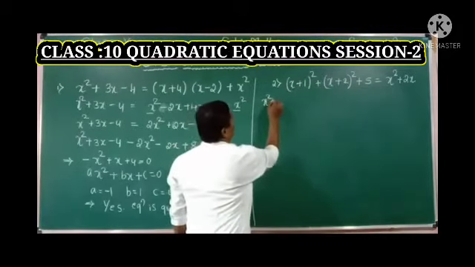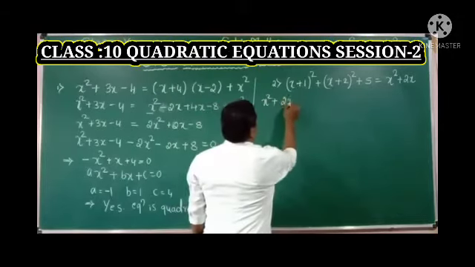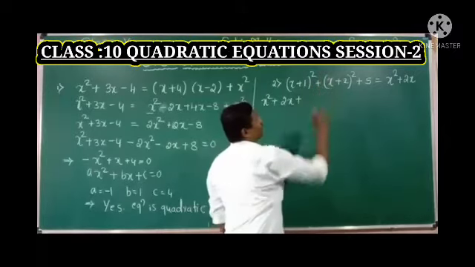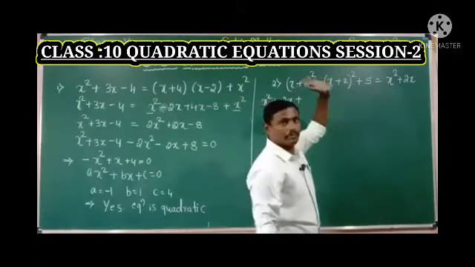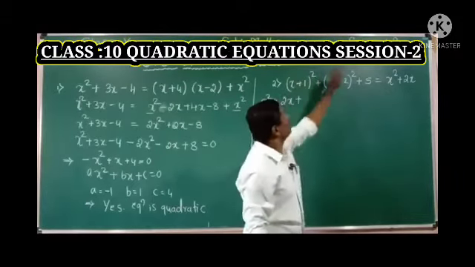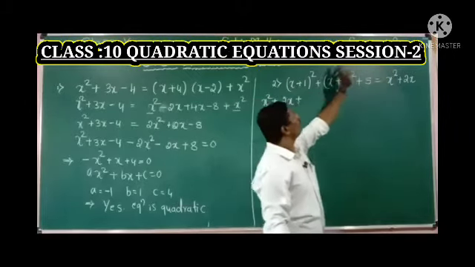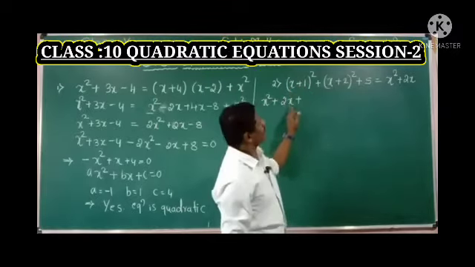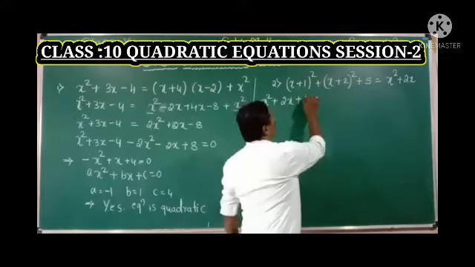x square plus 2x plus 1. Here a means x and b means 1. So a square is x square, 2ab means 2 into x into 1, 2x, and b square is 1.